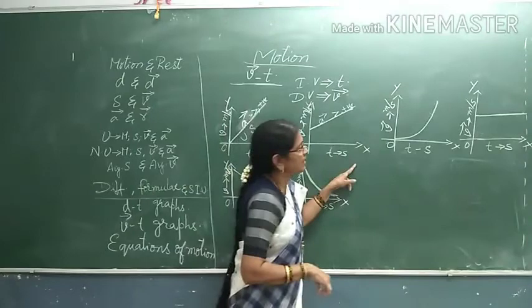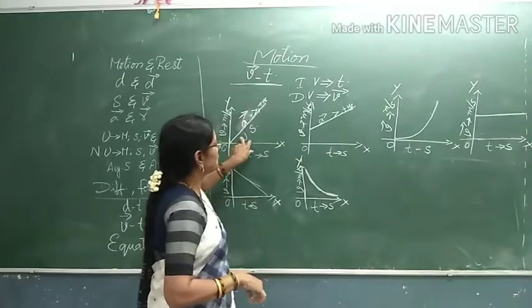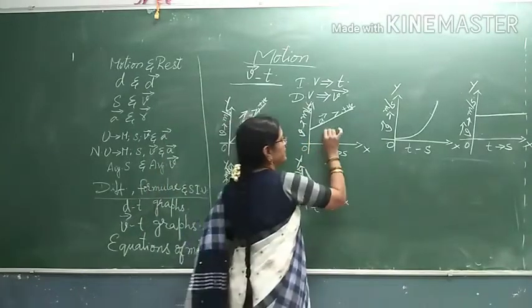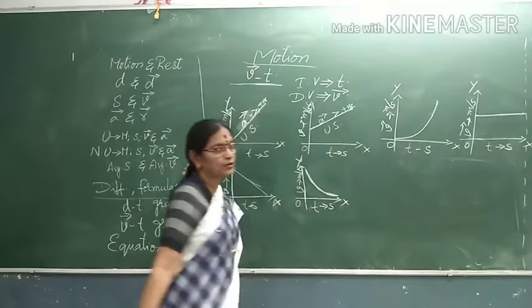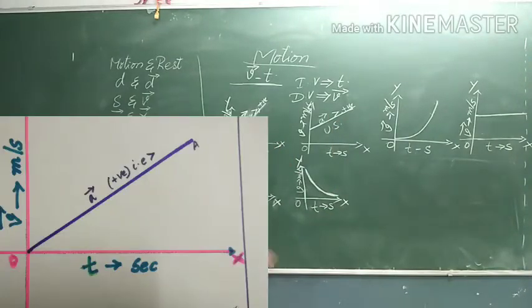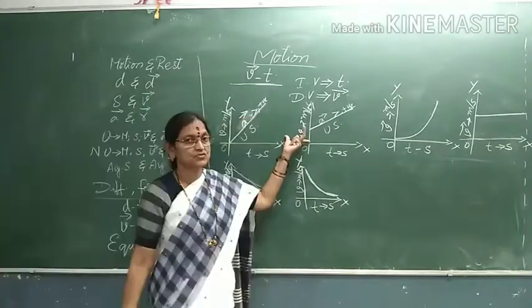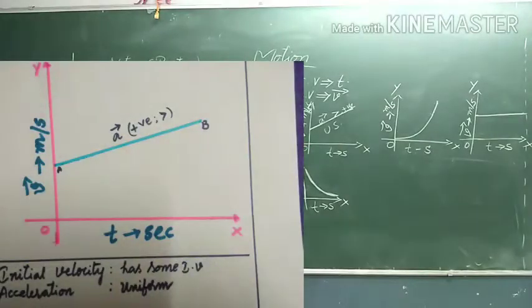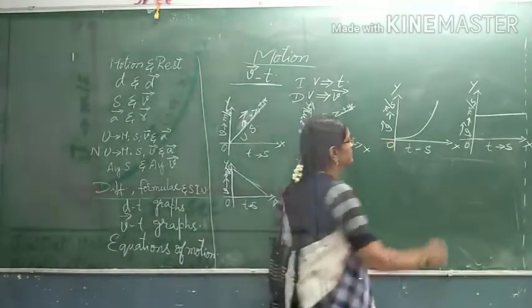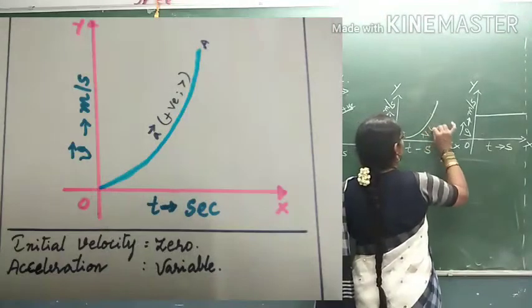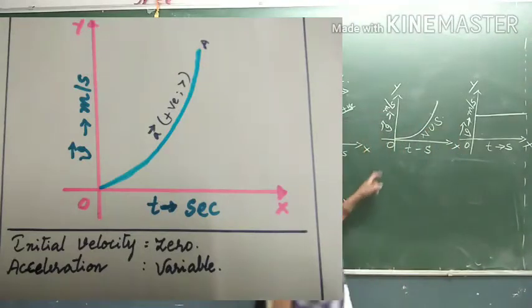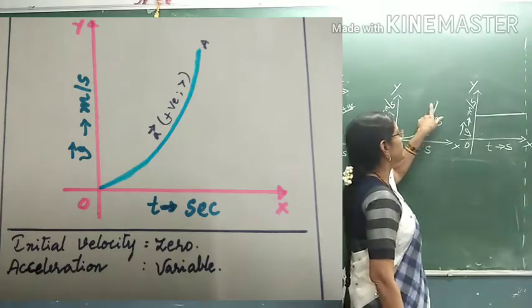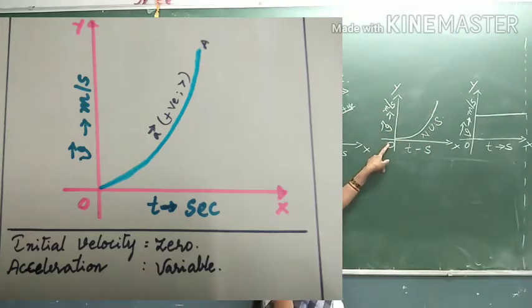Now in the next graph, in these two cases, the speed is uniform. Since graphs cannot give direction, the magnitude of speed is equal to the magnitude of velocity. In this case, this is non-uniform speed, since the graph is a curve and the body is starting from rest.